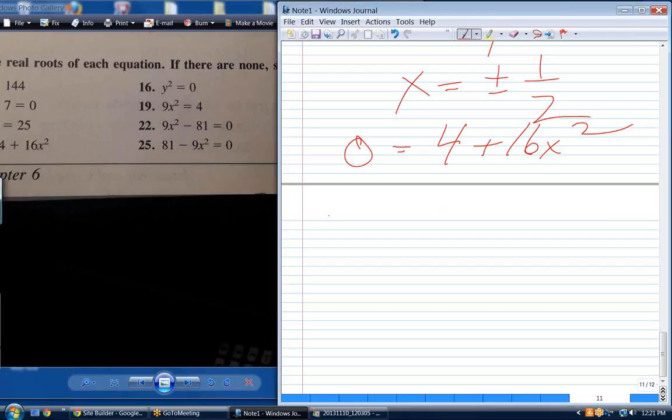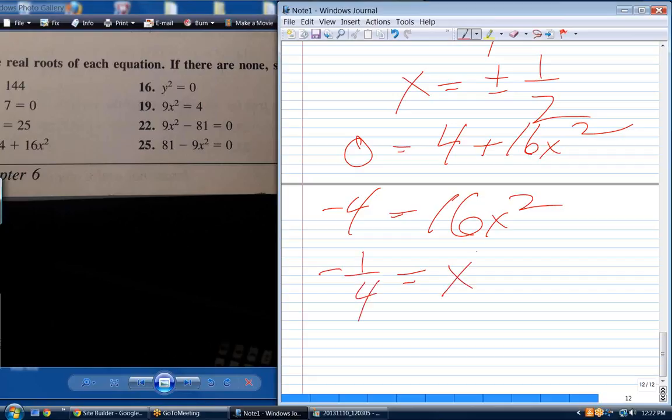Negative 4 equals 16x squared. Next line. It would be... And simplify. Negative 1/4 equals x squared. And next line.